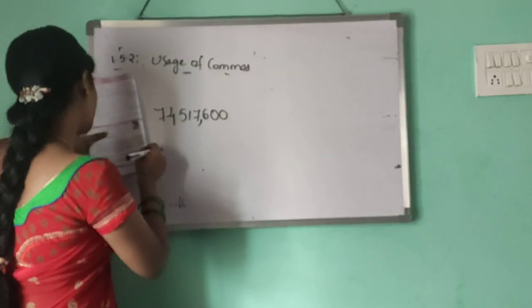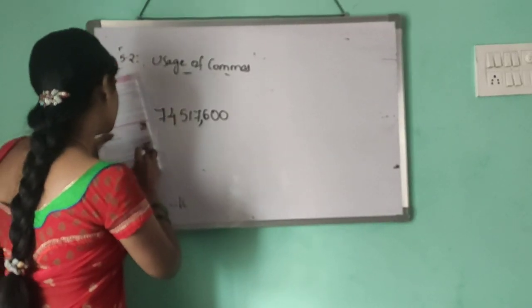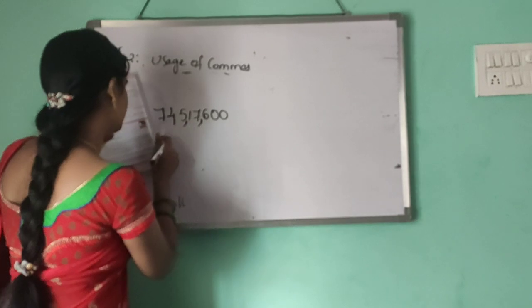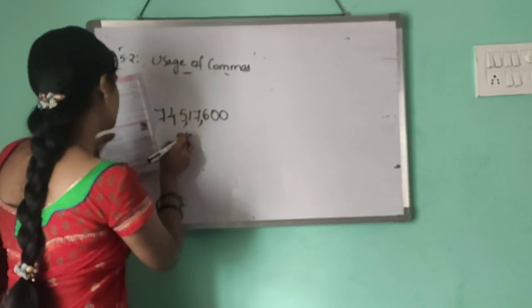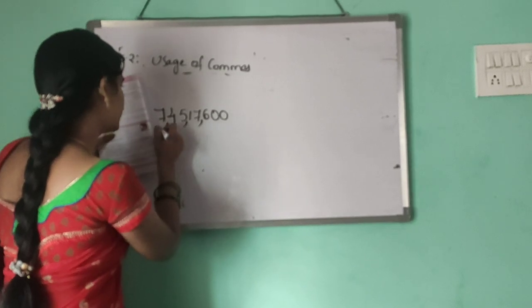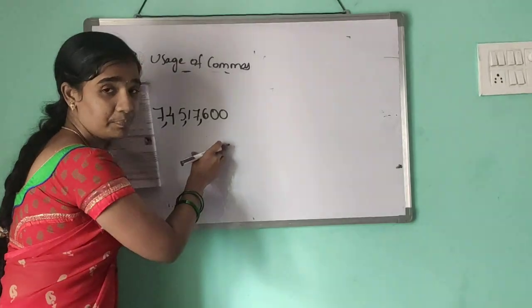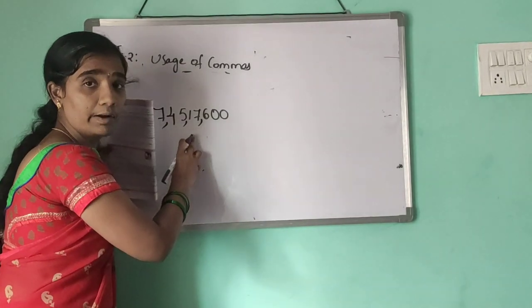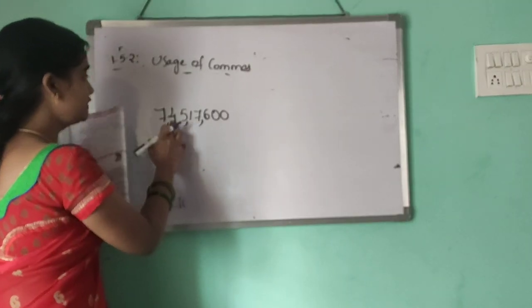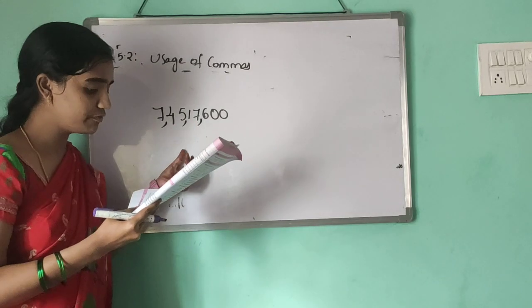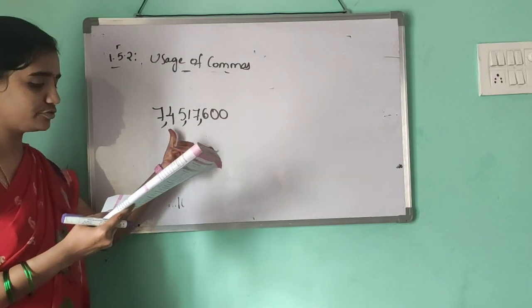The next comma marks thousands, and the second comma comes after every 2 digits. The first comma is put at the hundreds place. The second comma is put after 2 digits of the next number, 2 digits from the right.